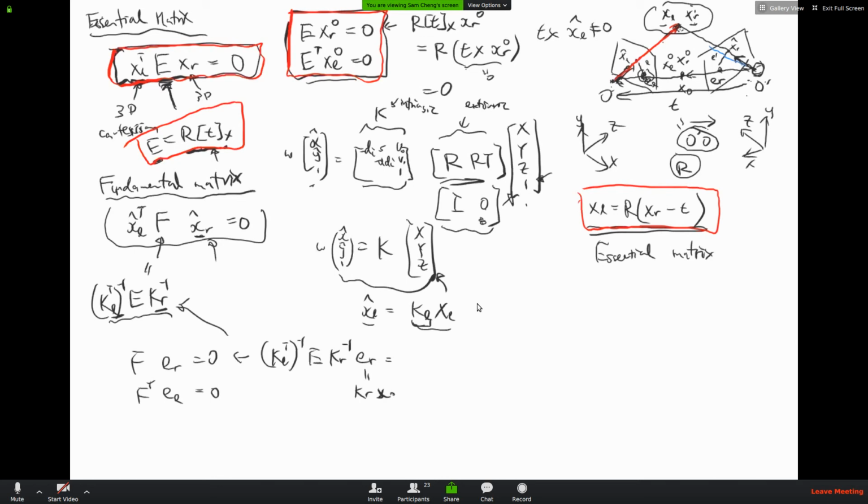So it's KL transpose inverse E KL inverse KL times x naught. So KL got cancelled, and again we have this property earlier on, that E times x naught is equal to 0, so therefore this is equal to 0. You can do the same thing for F transpose also.